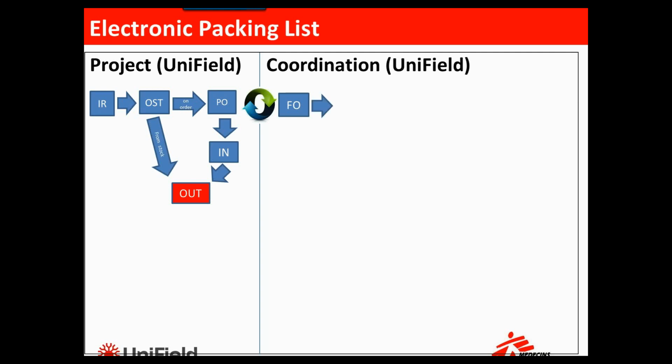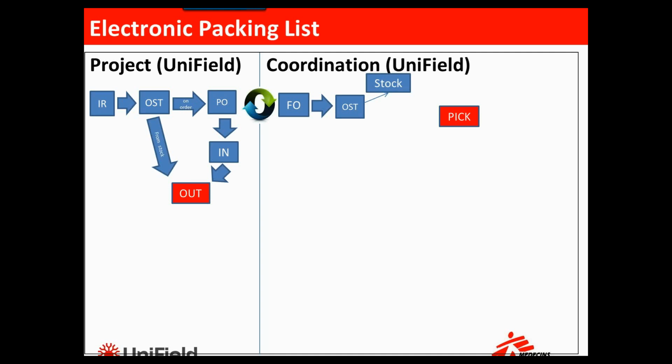Once coordination gets a field order, they proceed to the order sourcing tool to validate it. After they reach the order sourcing tool, they can also decide on their end to get it from stock, or they can decide to get it from a PO. Once they decide that they're getting it from stock, a picking ticket is created.